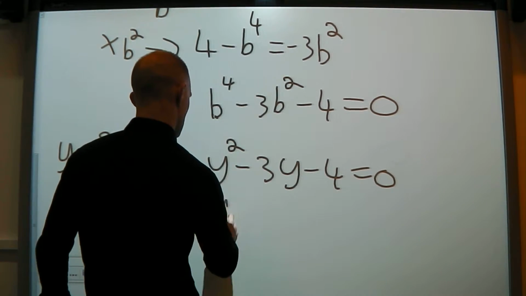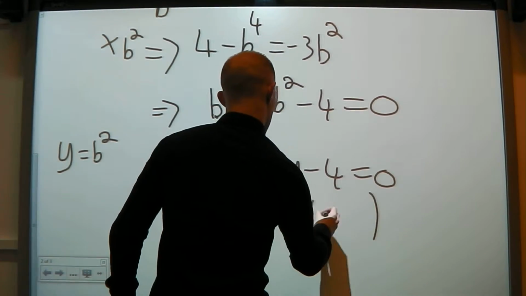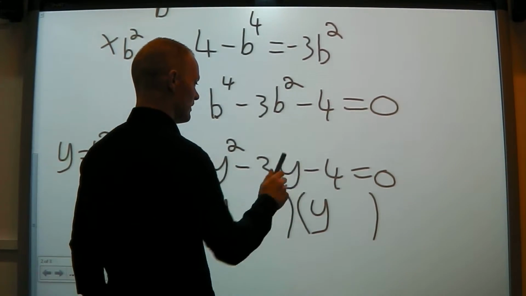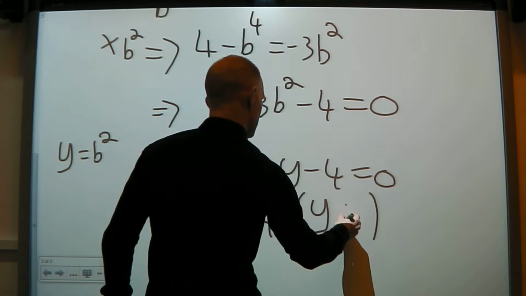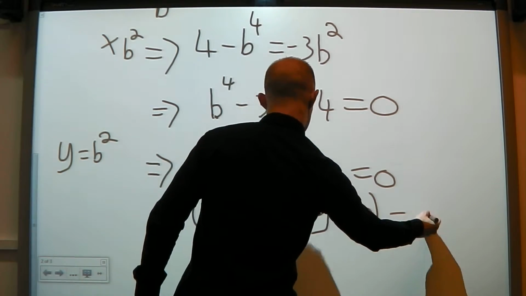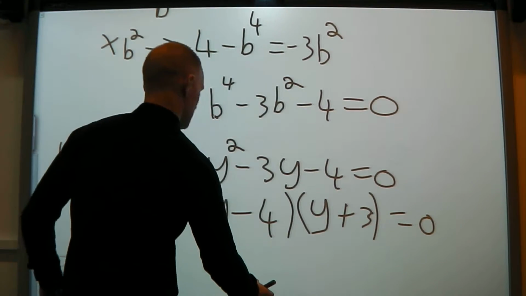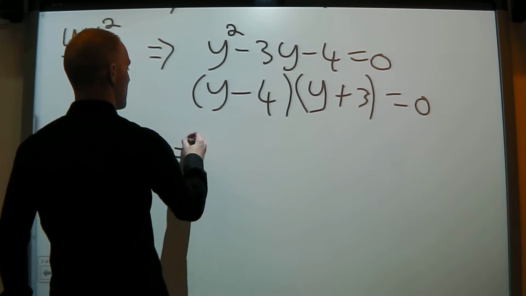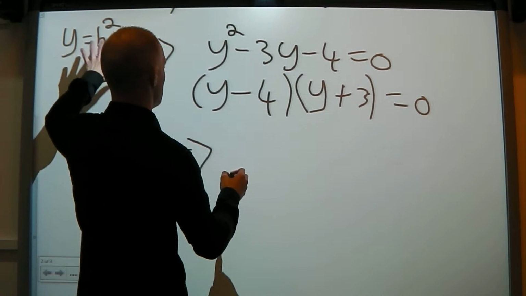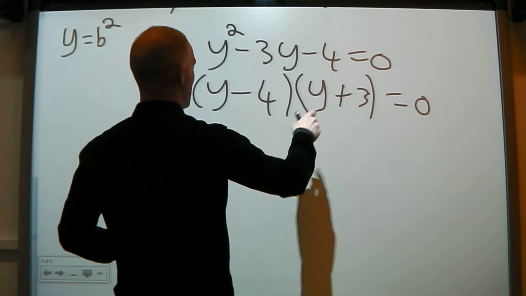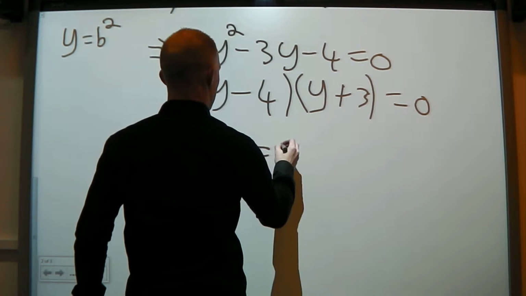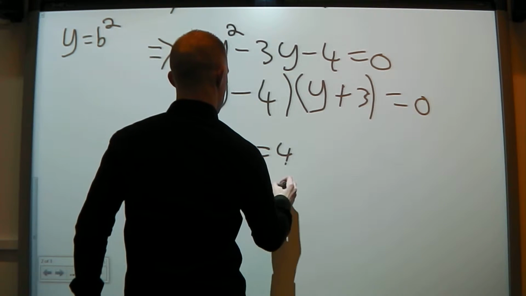So here we have it, and in order for this to work we have to have a negative 4 and a positive... Now that implies y, which is b squared, remember that, is equal to 4 or negative 1. So y is equal to 4 or y equals negative 1.